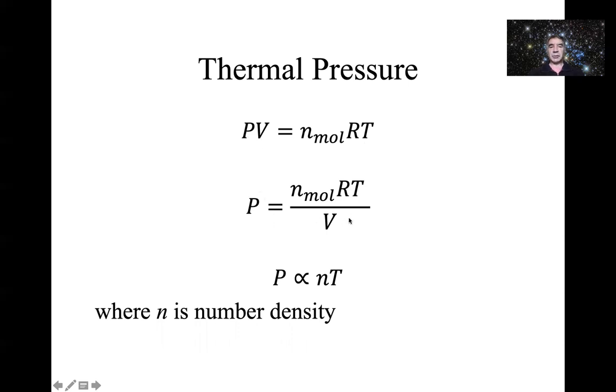In astrophysics, we usually turn this around, and if we make P the subject, you end up with n, the number of moles, divided by volume. But that's basically a number density, characterizing the number of particles per volume. So for astronomers, we would use this little n as number density and say that the pressure is proportional to the number density times the temperature.